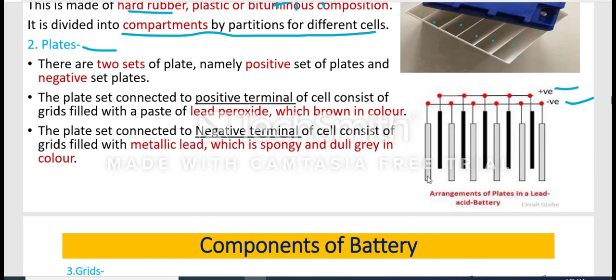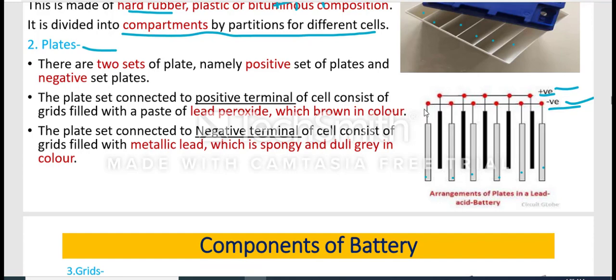In this diagram you can see the gray color plates are negative plates, and these black color plates are of positive type. These plates are arranged alternately, positive, negative, and so on. These positive plates are connected in series.